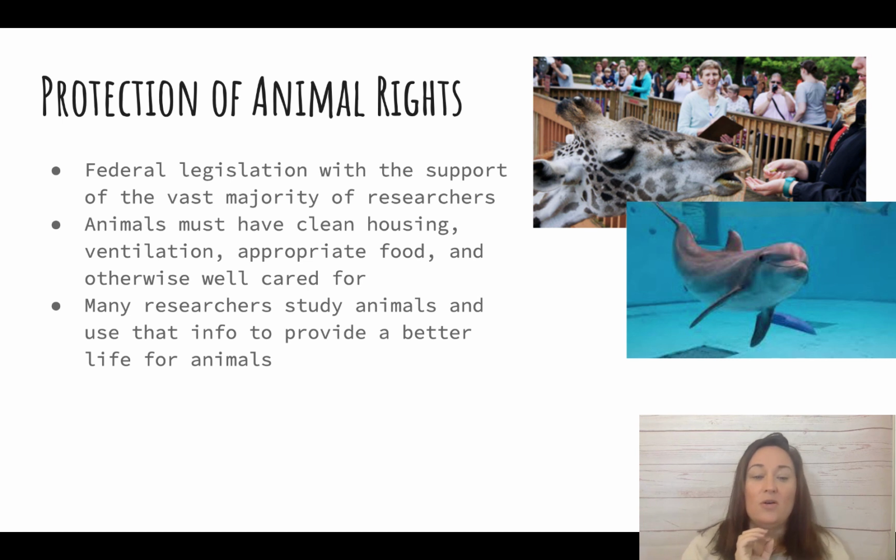A lot of this research also goes into helping animals have a better life. For example, if you think of a zoo, what's the right kind of environment for giraffes? What do they need? What makes them happy? Is it living with a lot of giraffes, some giraffes, how much space? Those are questions that you would study in psychological research to give animals a better life. And so we do a lot of that research.